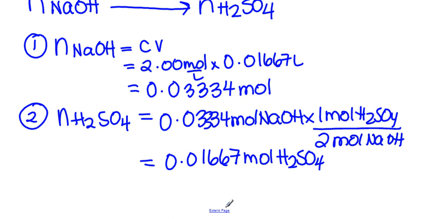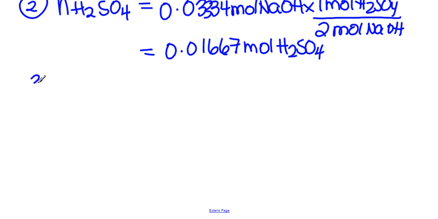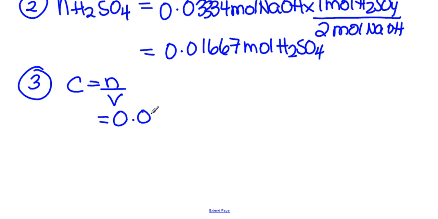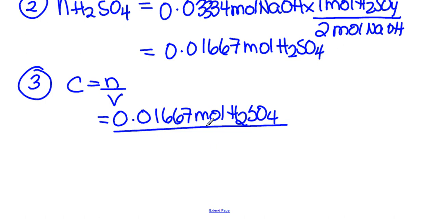And then I need to find the concentration. So C is equal to n over V. This is for sulfuric acid, 0.01667 moles. And I'm going to divide it by my volume, 0.01 liters. That's that 10 milliliters.